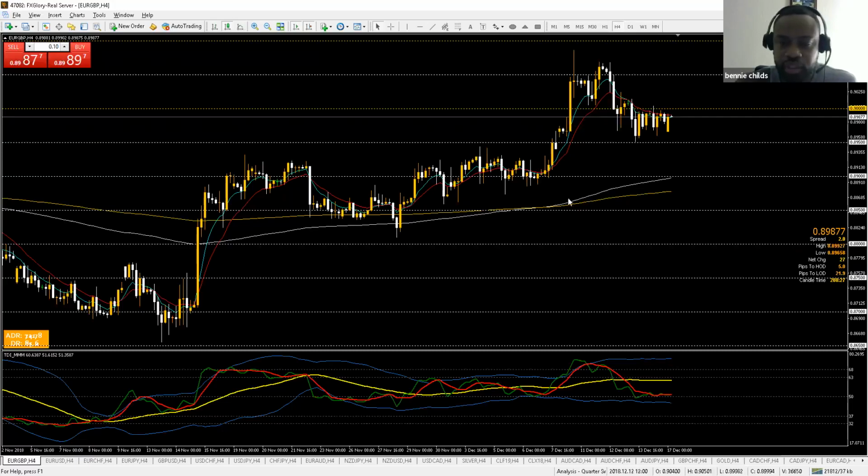What the moving averages do is they take an average of the market based on the number. So the 400 is taking an average of the last 400 candles, and it's printing itself here on the screen. I've selected it to analyze the close of the market, the close of the candle.